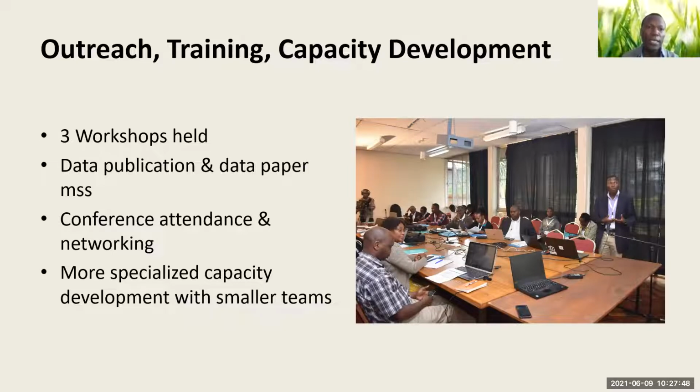We have data paper manuscripts we are working on. Of course, we have also attended conferences. We have done a lot of networking, and networking has been important, especially with the policy people, or people who are actually to use this data in other ways that we don't know.